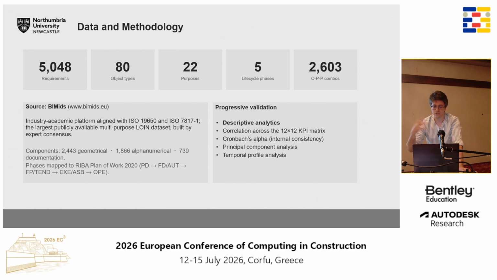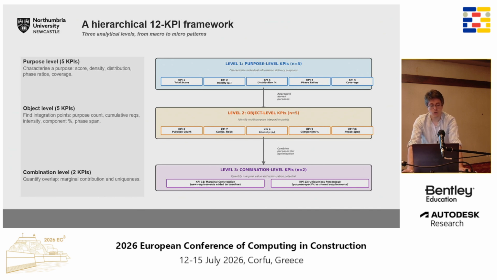So we ended up doing some descriptive analytics, some correlation analysis, some consistency analysis, some principal component analysis to understand the framework that we're trying to present, and some temporal profiling. The framework is like this. We presented basically three levels of KPIs where we understand, based on those numbers, because most of them are numerical, what the consequences of identifying and selecting certain types of specifications and purposes are at the purpose level, at the object level, and at the combination of both.